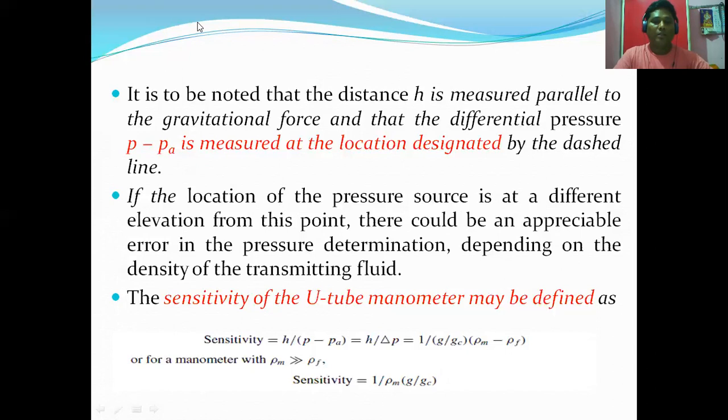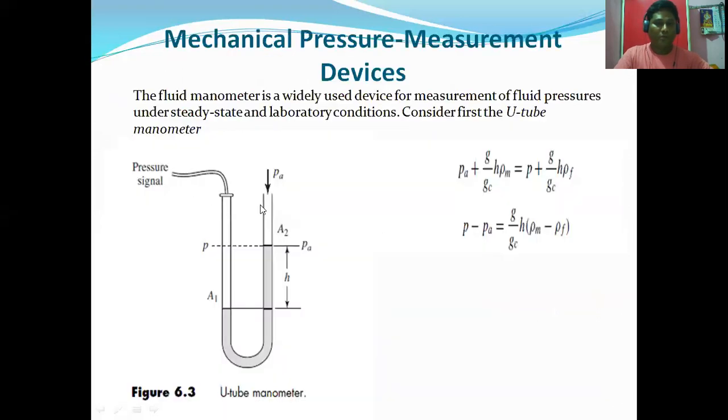That is the range of the sensitivity from here to here, the path of A1 to A2.